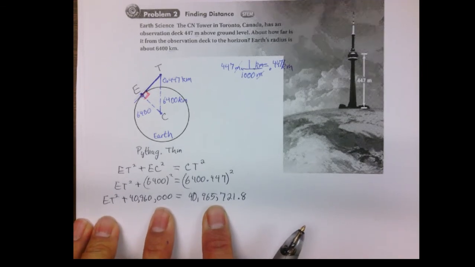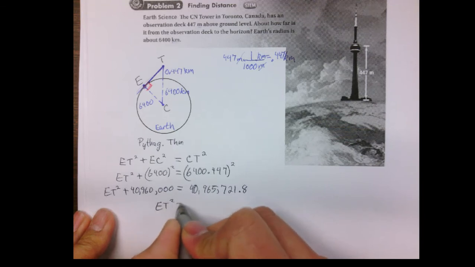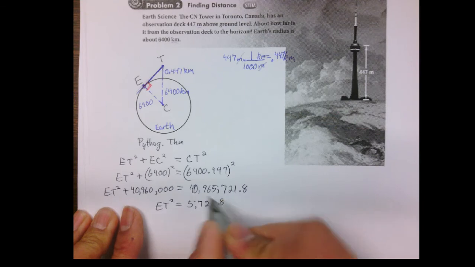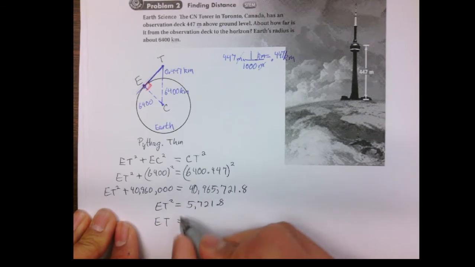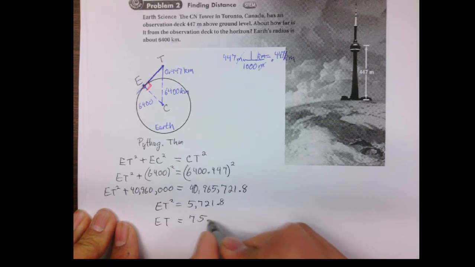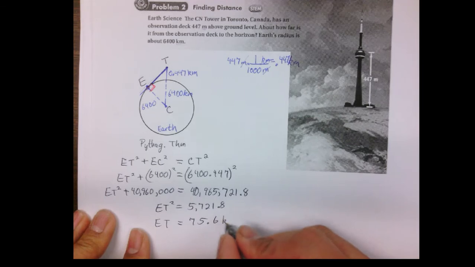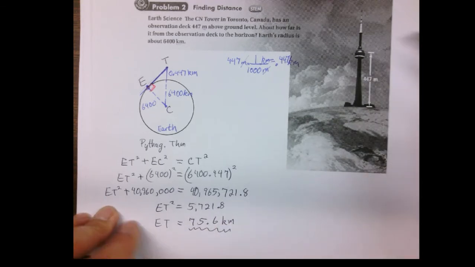You almost don't even have to use a calculator. So we've got ET squared equals 5,721.8. Square root both sides. Here it is, 75.6. And we're dealing with kilometers, so that's how far you can see from that beautiful observation deck.